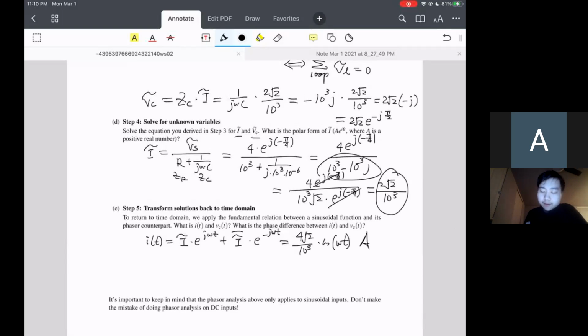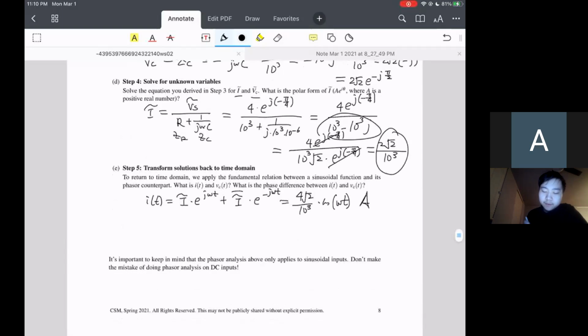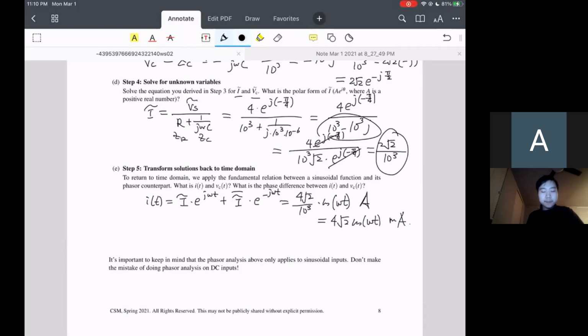And okay, for simplicity, we can turn it into milliamps. So this is equal to 4 times root 2 cosine of omega t milliamps. Okay, and then for VC of t, we do the same thing.